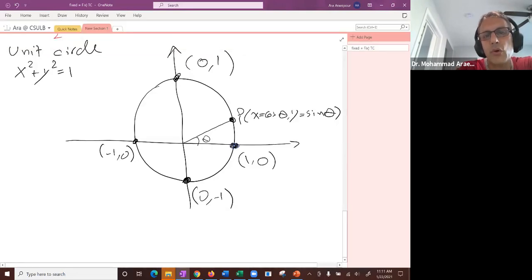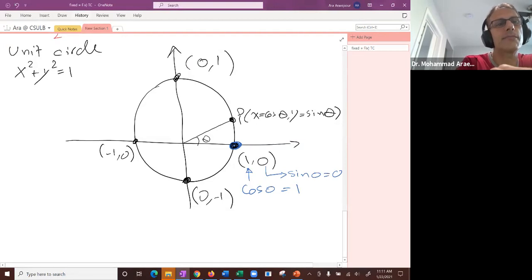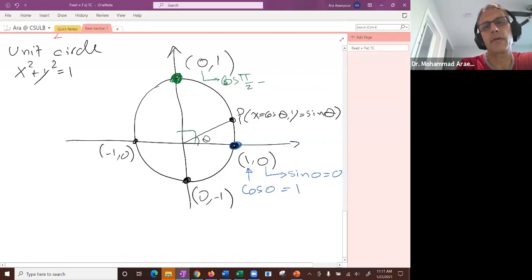if I'm looking at this point, the angle it makes is 0. Cosine 0 is 1. Sine 0 is 0. If I'm looking at this point, remember what this is, 90 degrees or pi over 2, cosine is 0, sine is 1.